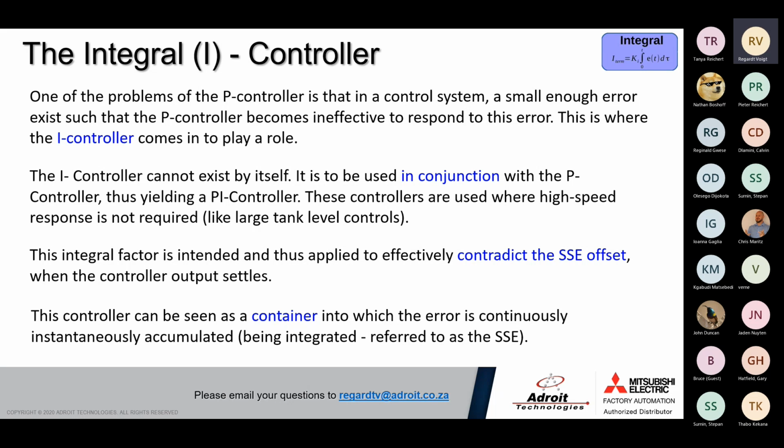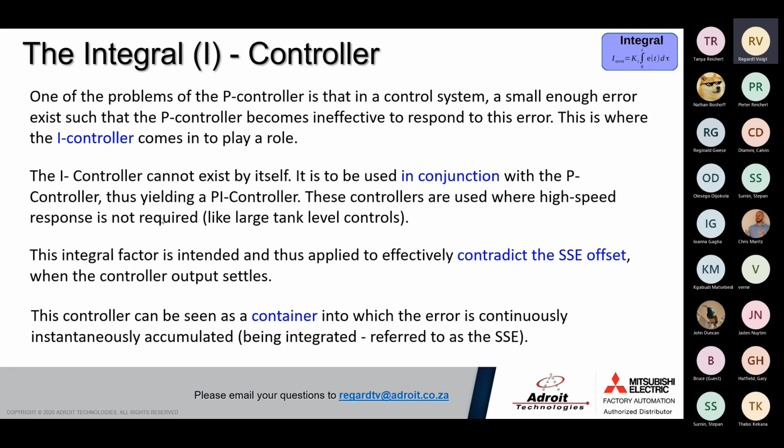But okay, so the problem with the PI controller is that it slows down the process controller, because it looks at the steady state error that builds up over time. So the more time you give it, the more accurately it will control the process, but it's very time dependent.